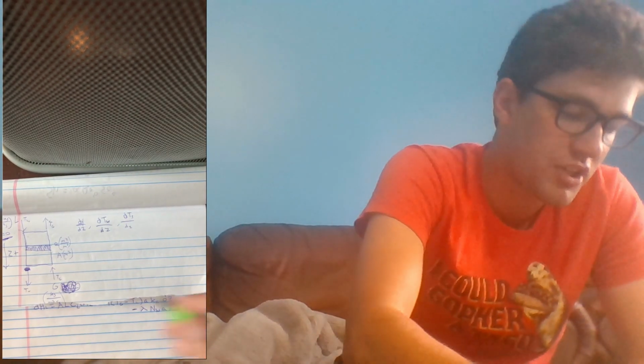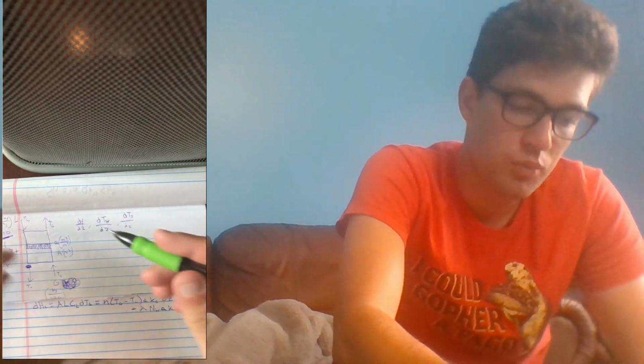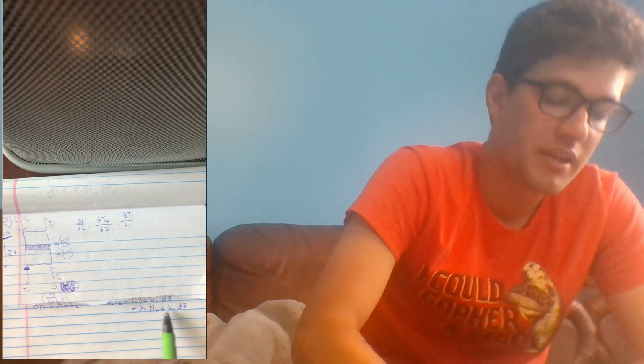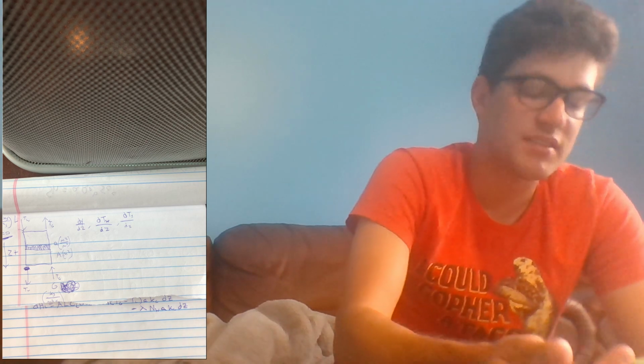Because this whole thing needs to be with respect to position on this side, because we are defining all these things that are happening within this tube, which has the position.